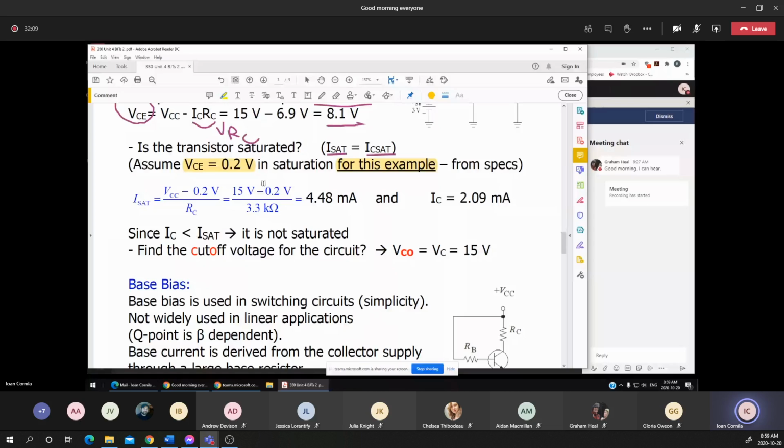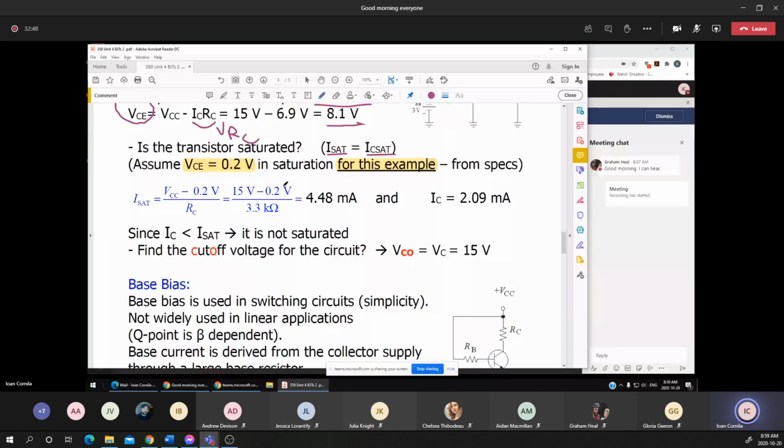In some previous examples, I used the real value of the VCE. In our calculations, we often assume the VCE sat as 0, because the VCE sat is much smaller than the supplied voltage. I mentioned that the VCE sat is anywhere between 0.1, 0.4, 0.5 volts maximum. That's a very small voltage between the collector and the emitter when it's saturated.